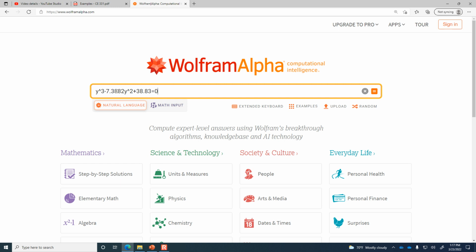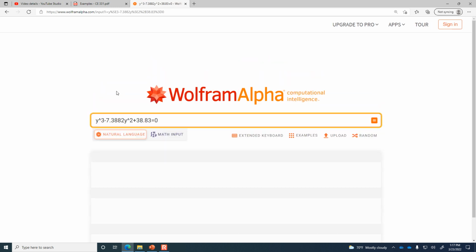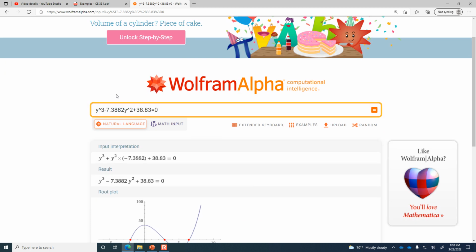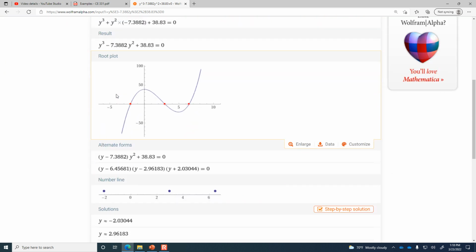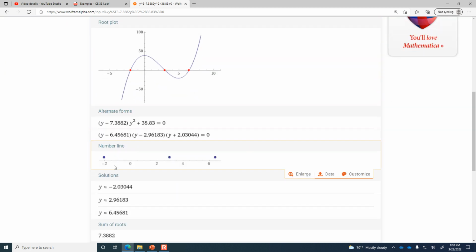All right, and it finds 3 roots for us. A negative root, which we're not very interested in because water doesn't flow at negative depths. A positive root, which corresponds to the supercritical conditions, and a deeper depth, which corresponds to subcritical.